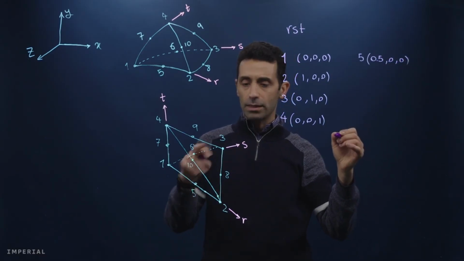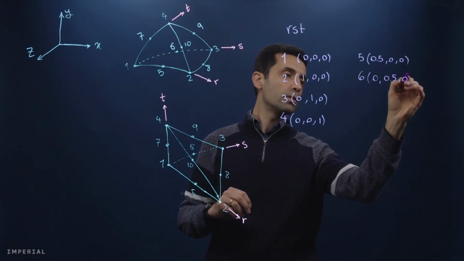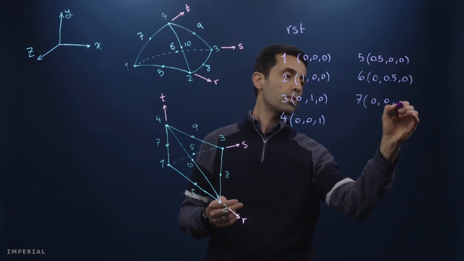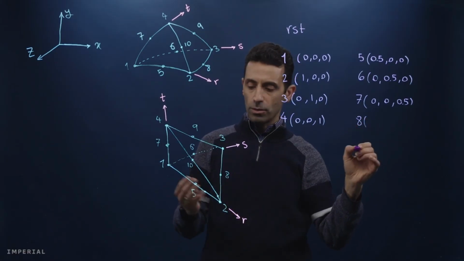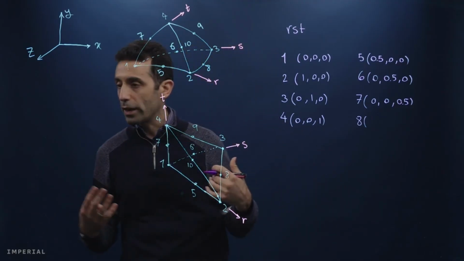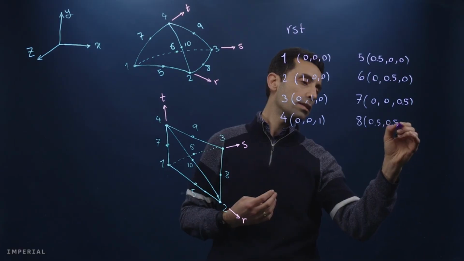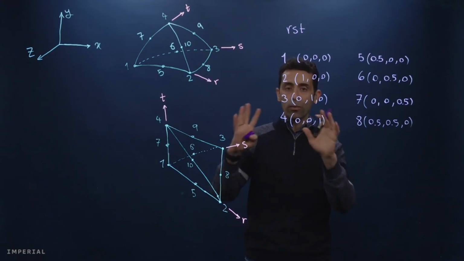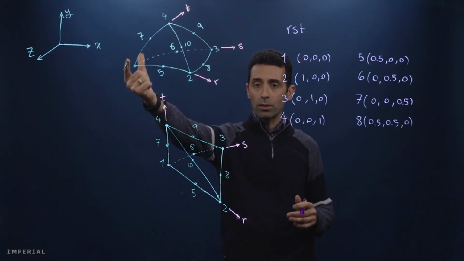And if we look at 6, for instance, it's 0, 0.5, 0. 7, up here, is 0, 0, 0.5. 8 is there, so it's located on R and S. So again, the coordinate of 8 is half, half, 0, and so on.